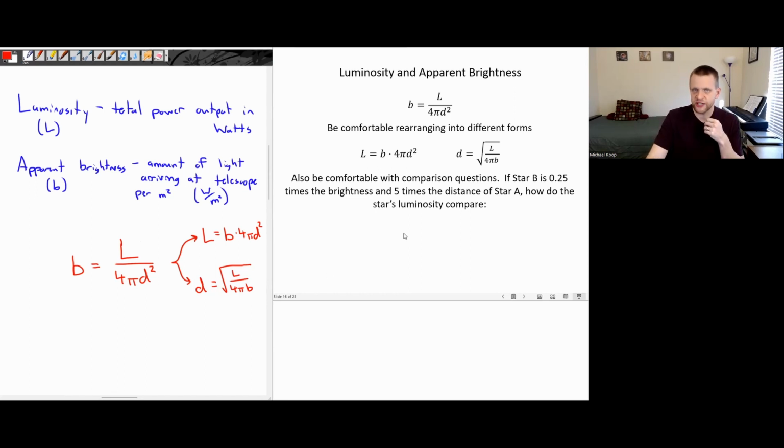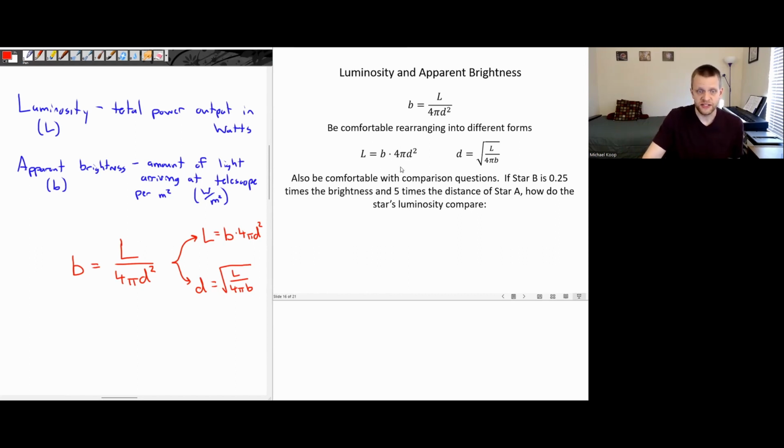In many cases, when we're looking at a star, if I know the apparent brightness, that's something I can directly measure. Again, it's how much light energy is hitting our telescope.